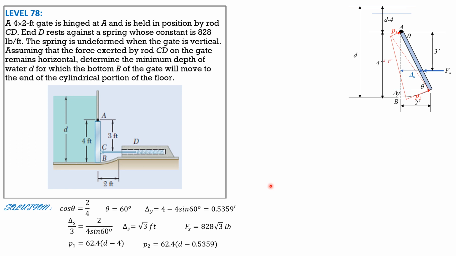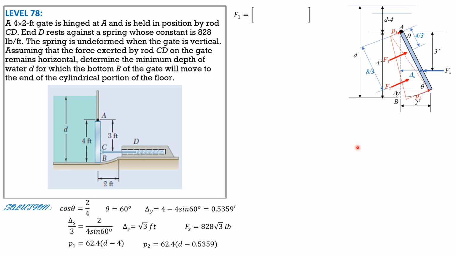That's P sub 2. So let's call that F1, and the distance from A, from the hinge, is 1/3 of the length of the gate, which is 4 feet, so 4/3. And on the bigger triangular pressure diagram, its distance from A is 2/3 of 4 or 8/3 as shown.